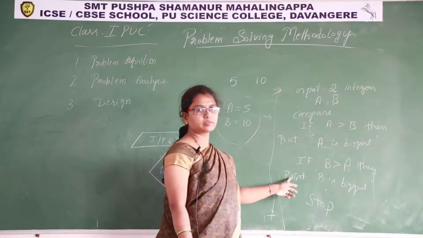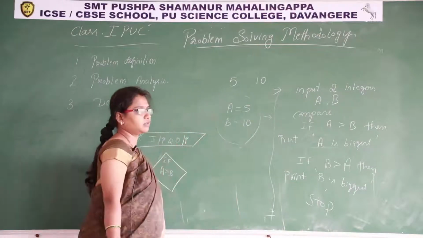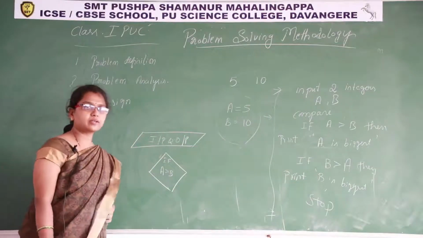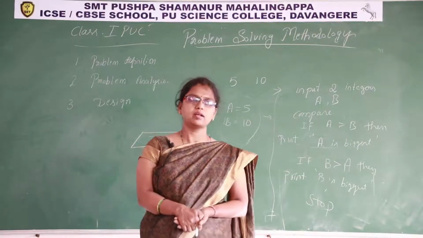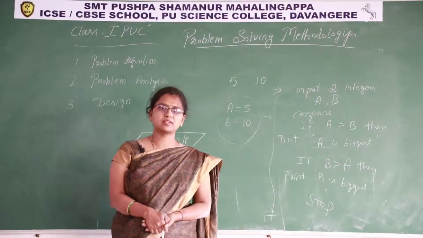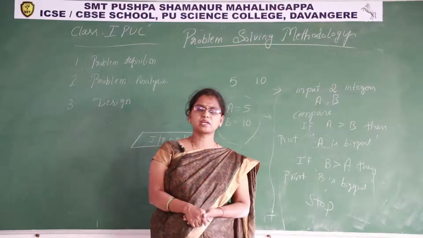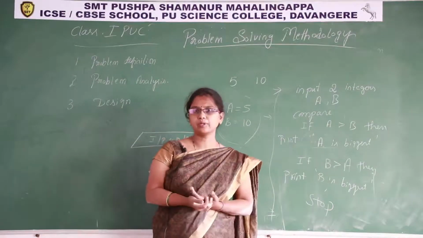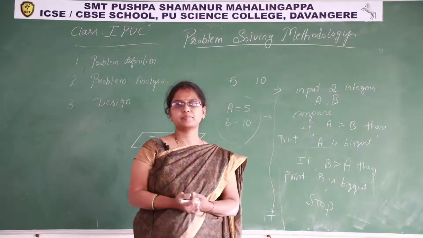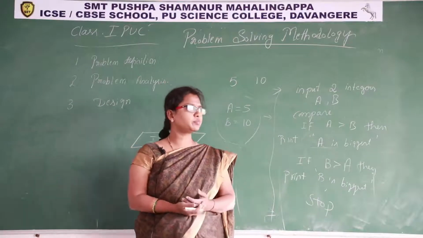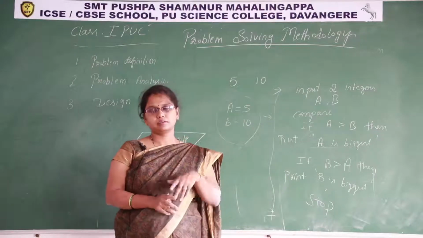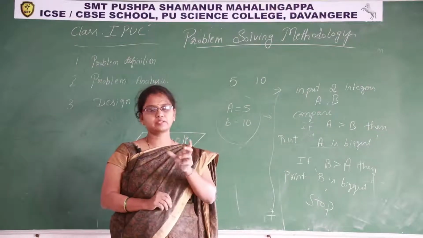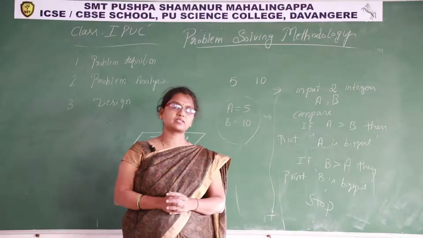Here also parallelogram. If some calculation, suppose the problem statement is find the factorial of a given integer or find the sum of two integers. There it's a very simple problem statement. So we have to input values, two values. If the program is about two inputs, then we have to take two values. Then we have to add, we have to write the expression sum is equal to a plus b.